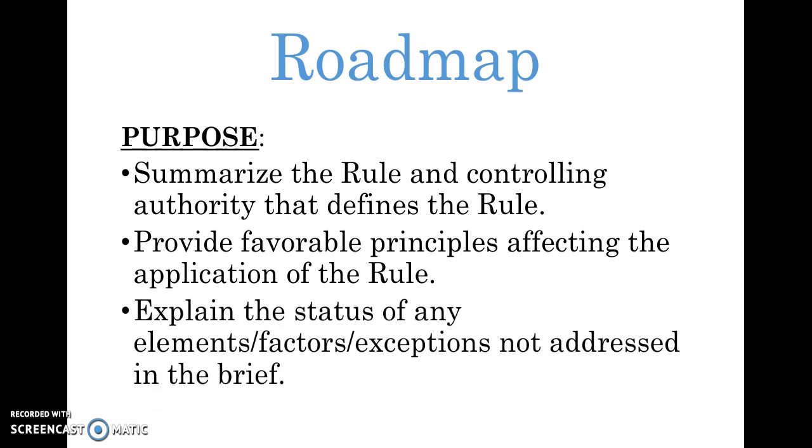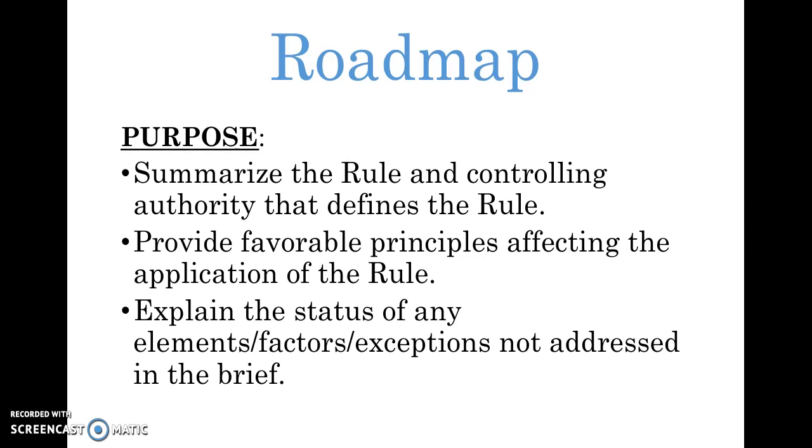And then you can use the roadmap to explain the status of any elements, factors, or exceptions that you're not going to address. So this is where you focus the reader on the specific issue or issues that you are going to argue. And in your current trial brief, you have one issue to argue. So you're going to start with the big rule and then narrow the reader's focus to the specific issue in your case.